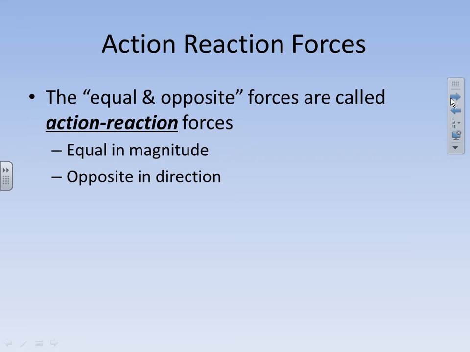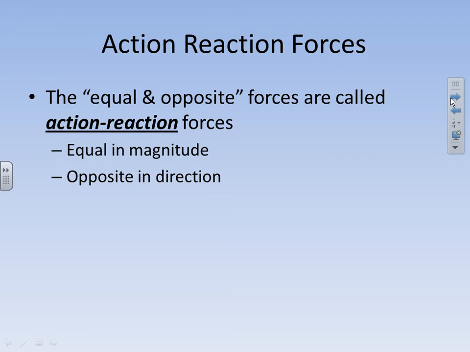So action-reaction forces: equal in magnitude, opposite in direction. Never out there in the universe does a force exist on its own. Forces always come in pairs. They have to come as part of an action-reaction pair, the action and then the automatic reaction to that force. So forces always exist in pairs.